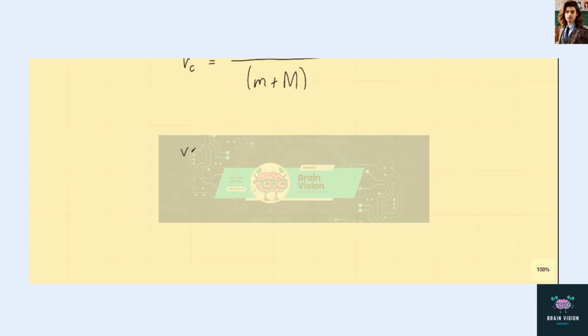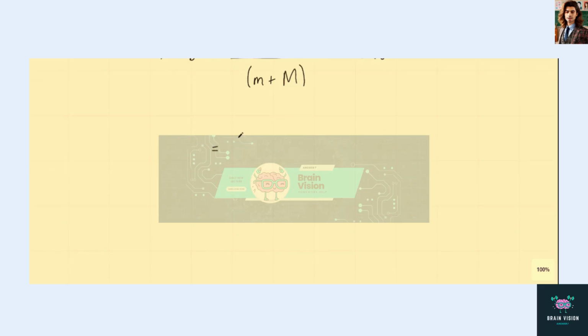Now that we have vc, we can easily go back and find vb. So vb is equal to vc minus e v0, which is v0 into 1 plus e times little m over little m plus big M, minus e v0.